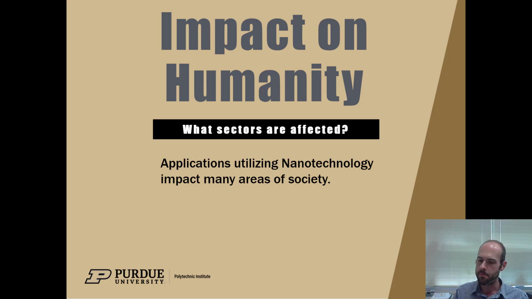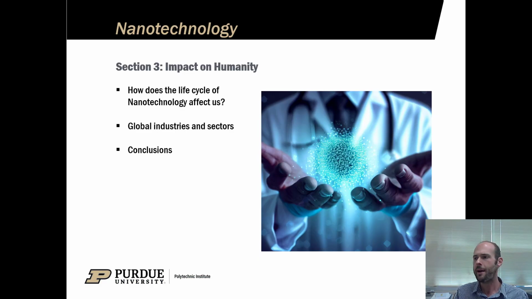But much of what we saw in the life cycle was simply what is required to make these products exist. And so what I wanted to look at in this third area is, when utilizing nanotechnology, what areas of society will that start to impact?